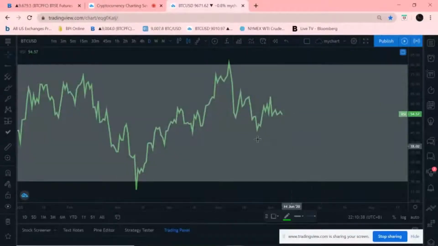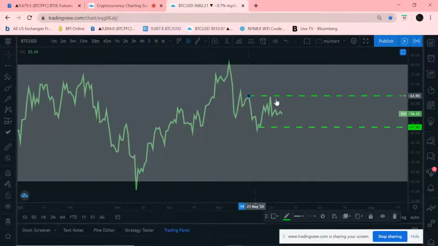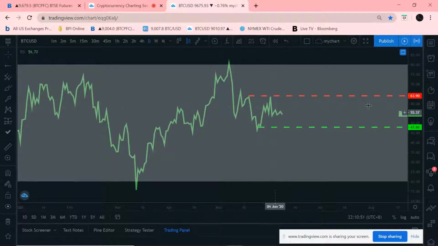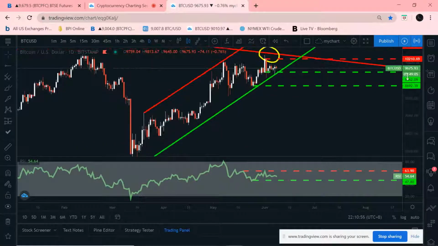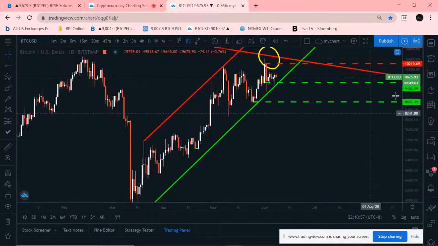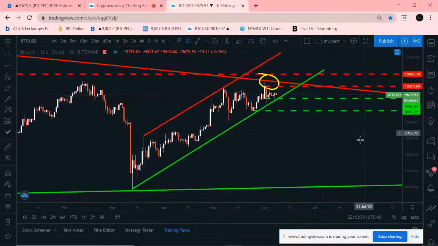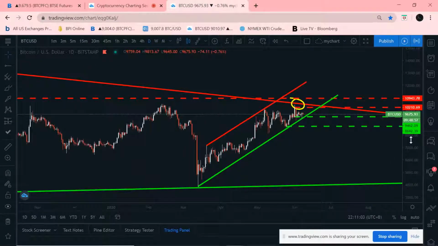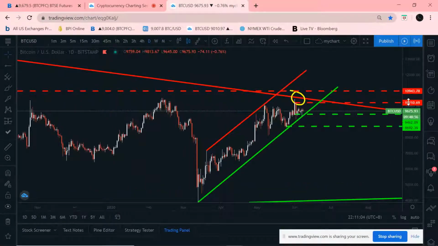So it could possibly retest this area around 47 or this area around 63. Let's see where the RSI goes. But usually I'm using the candlestick or the price action as an indicator, and of course the basic support and resistance plus the trend line.